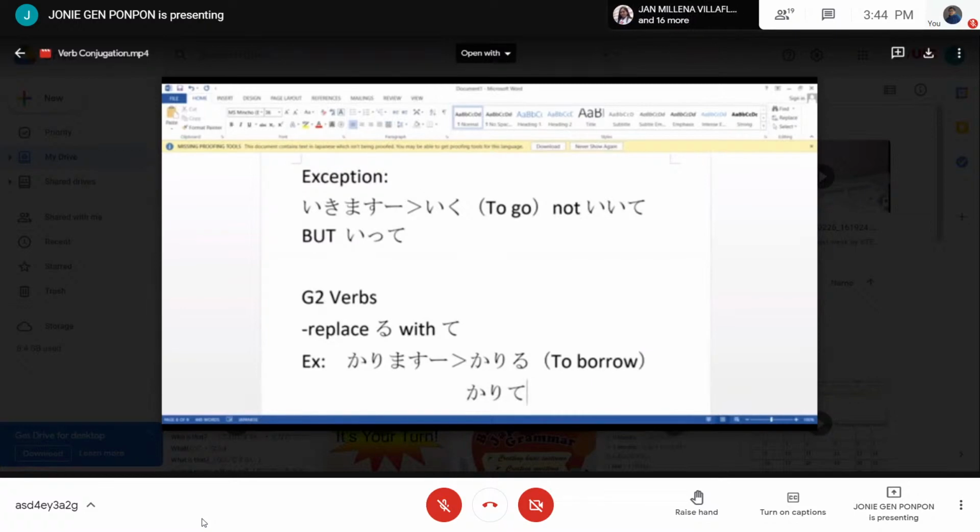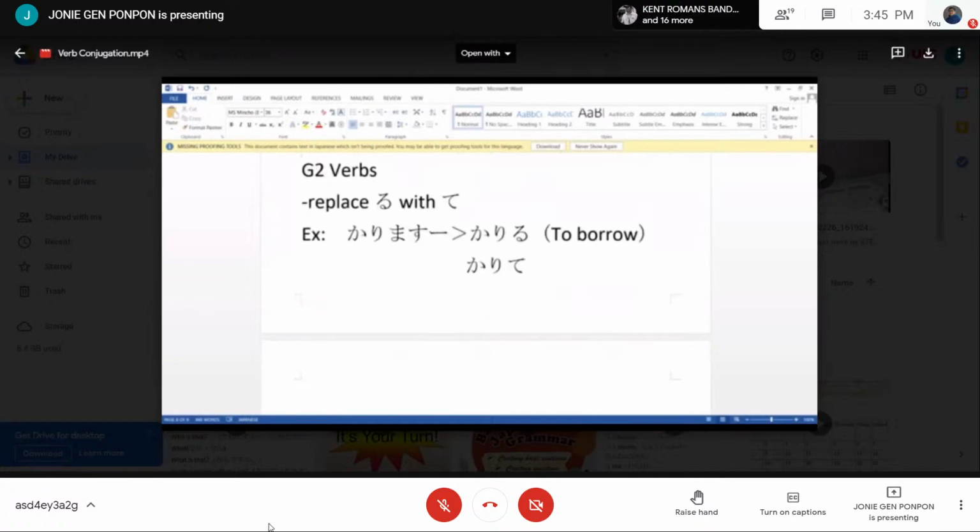Karite, tabete, oshiete. Dekite. Yeah, dekite. It's a group 2 verb. Kaite. Okite. Mite. Yun. Okay, so for group 2 verbs, madali lang. Just replace ru with the te sound.